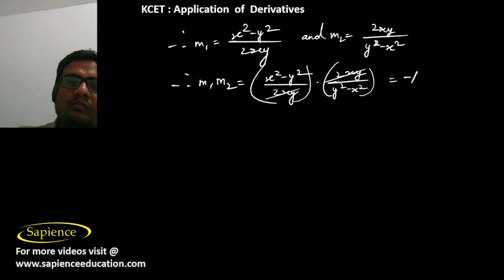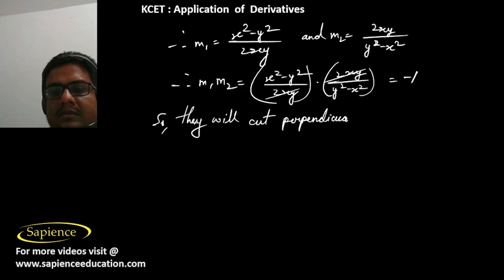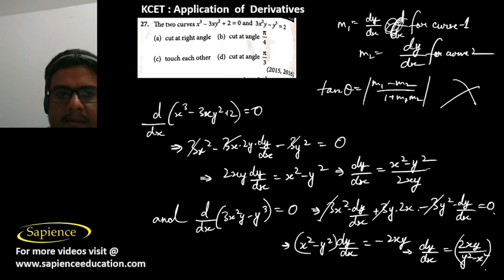Since the product of the slopes is minus 1, they will cut each other perpendicularly, at right angles. Option A is the correct answer.